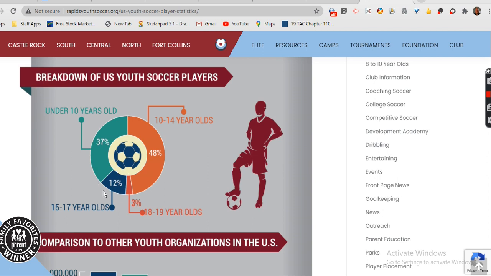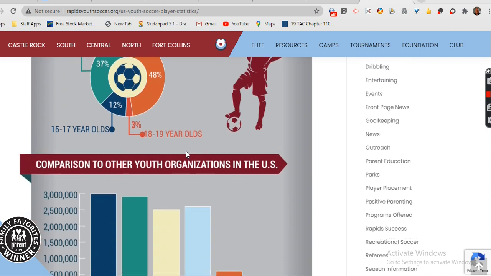And then you get to 15 to 17-year-olds or 20, and they include the 18 and 19-year-olds still in youth soccer, right? So if I'm going to market to the largest group, I'm going to think, what would get a 10 through 14-year-old's attention? And that's what I'm trying to find. When I'm finding research, I'm learning I can focus on this 10 to 14-year-old, boys and girls, because that's our largest one. And even if I do it just right, I might hit these 10 and under.